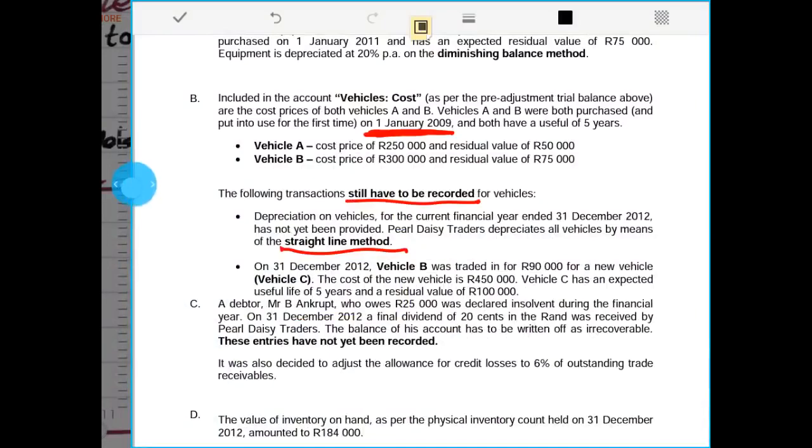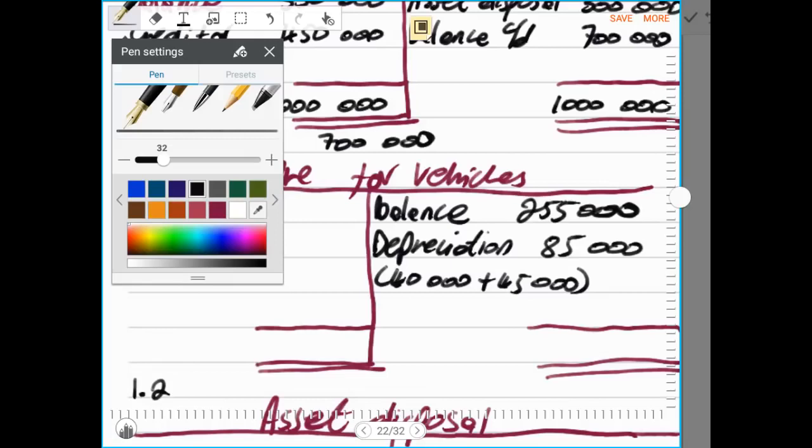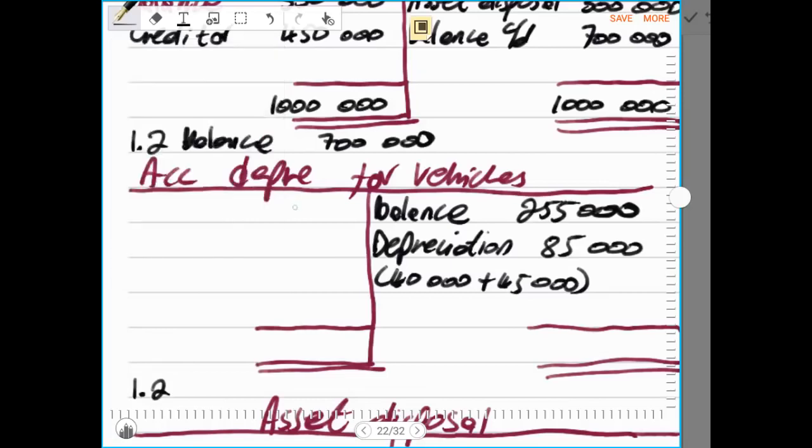So now we can go to the accumulated depreciation ledger account and we record the 180,000 rands being the total depreciation, and the contra entry will be asset disposal, because we are doing all of this because an asset was disposed.